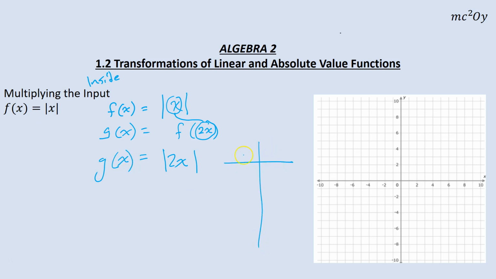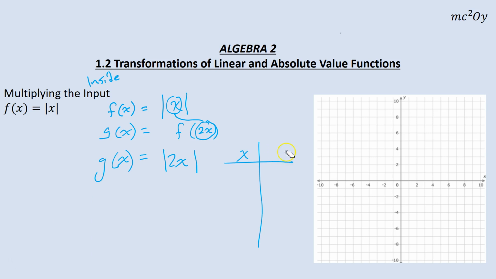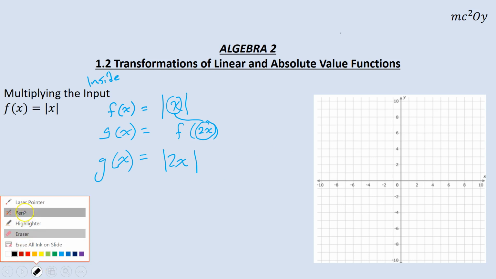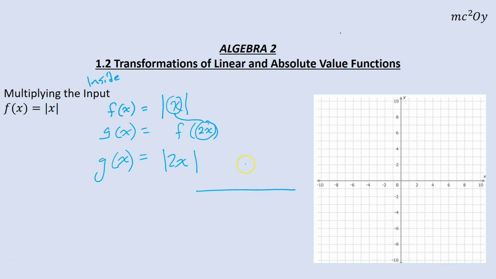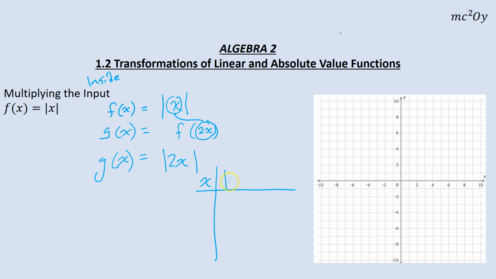And if I were to build my table again, x, g of x, and actually let me give you a little workspace this time for dealing with this. Which means really I should erase all that, go a little more room here, kind of build a table. So this is going to be x. We'll have g of x, and our rule is absolute value of 2x.